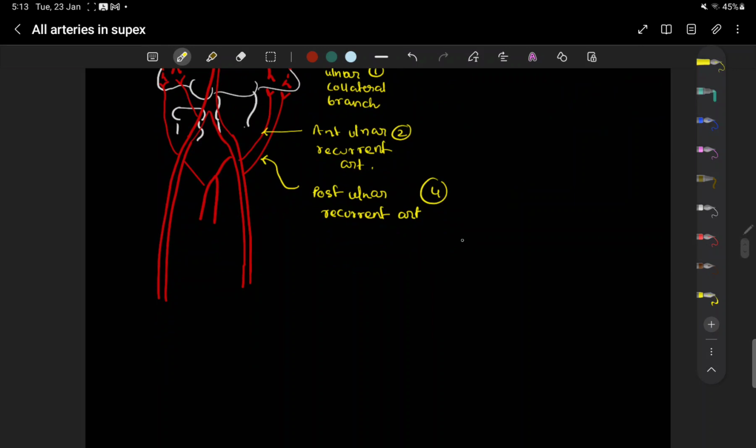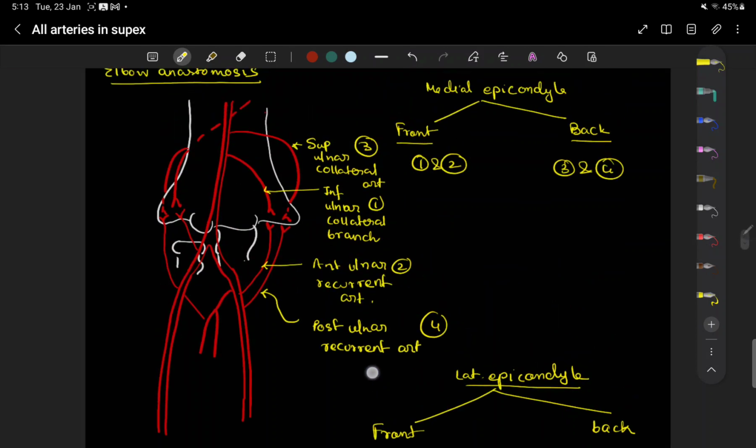If we talk about the lateral epicondyle, again it will have the front and the back side. If we talk about the front, हम लोग का profunda brachii artery का दो terminal branches है. One is the anterior descending and the posterior descending. We will again talk about it when we talk in details about the profunda brachii artery.